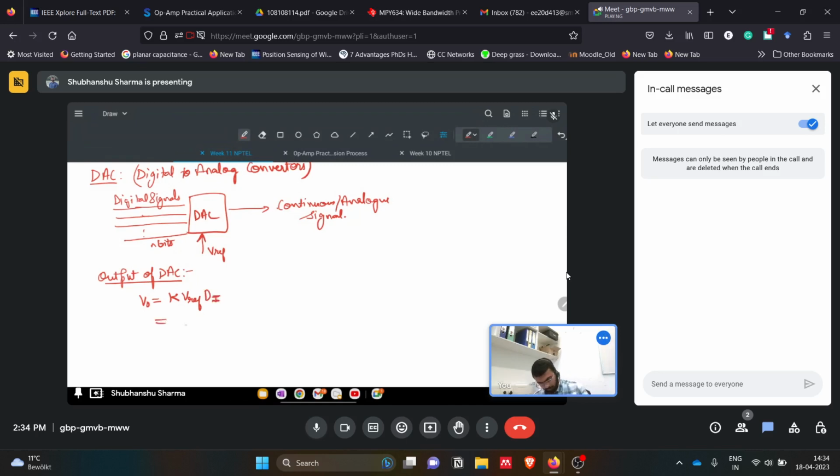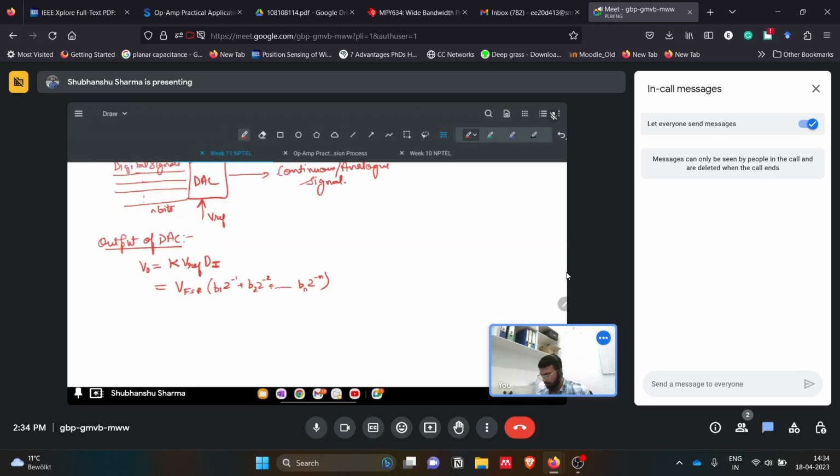Further we can write this as V_FSR times (B1 B2 so on till Bn) times 2 to the power minus n. Here, V_FSR is the full scale range, the maximum value or maximum scale range of this DAC.